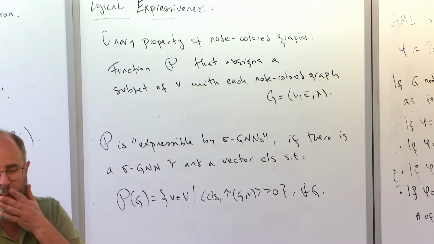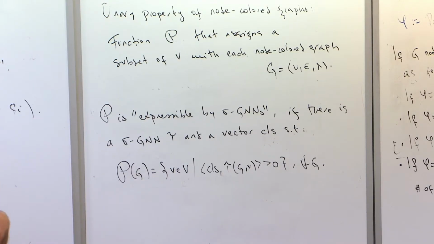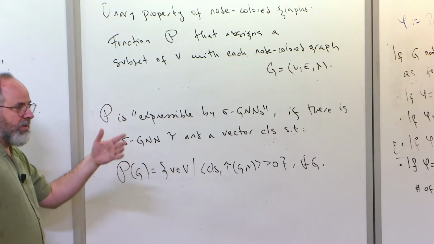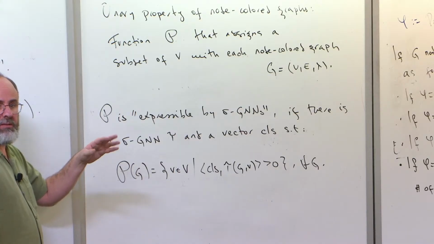Well, GNNs do not directly compute unary properties, because they compute an embedding for each node in the graph. But we can easily turn them into a mechanism for expressing unary properties in this way.